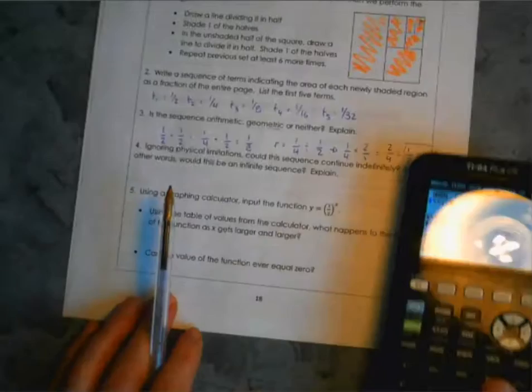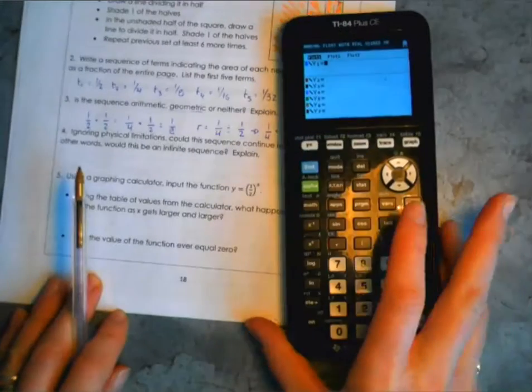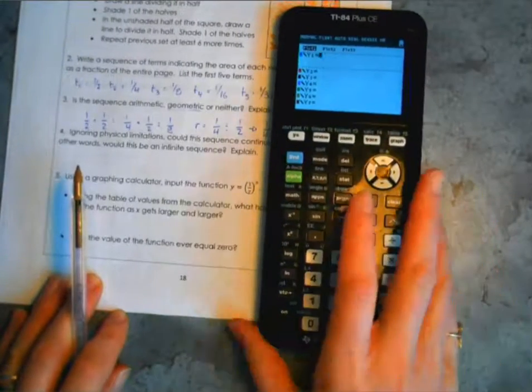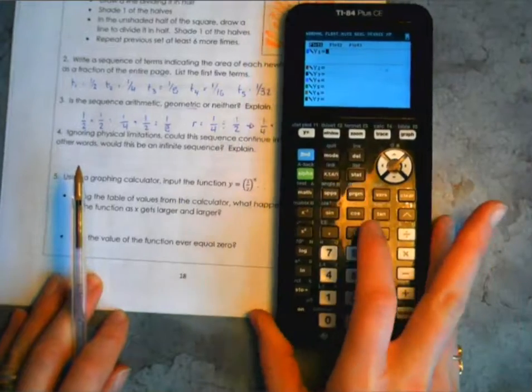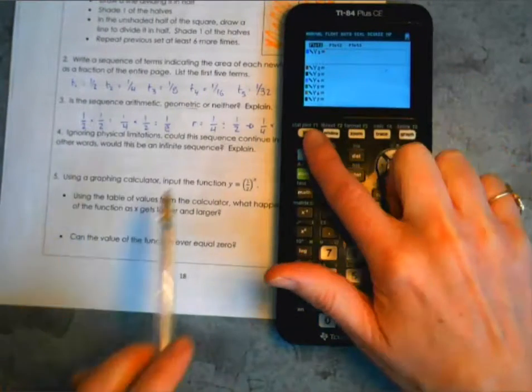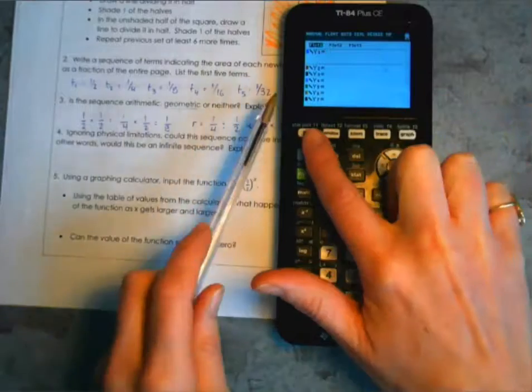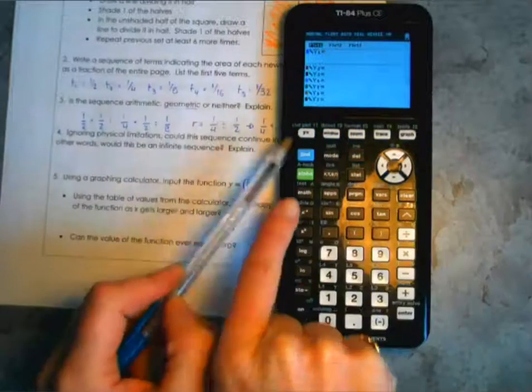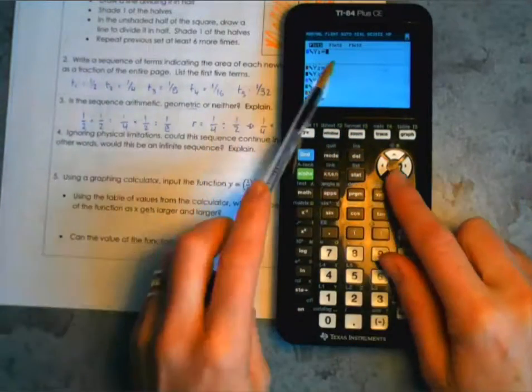Okay, the last section, we're going to break out our calculators here, and it says, using a graphing calculator, input the function y equals a half to the power of x. So when you're inputting, this is our first use of the graphing function in Math 20-1. To get to this page, hit y equals up here, and then input your function.